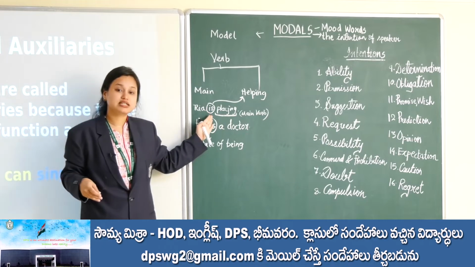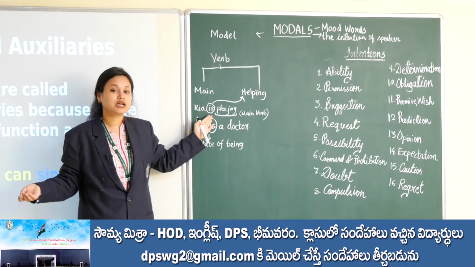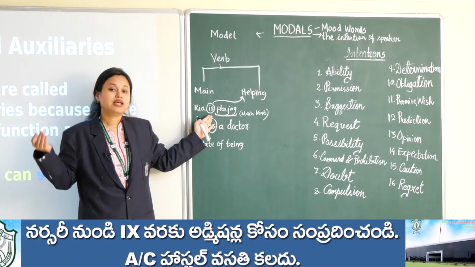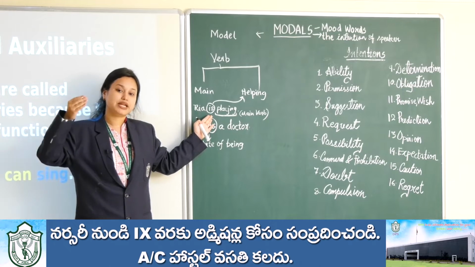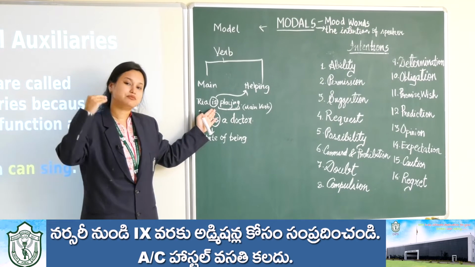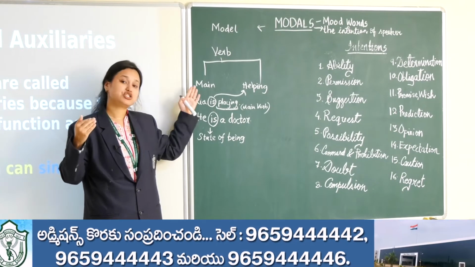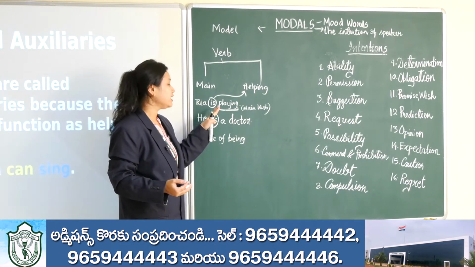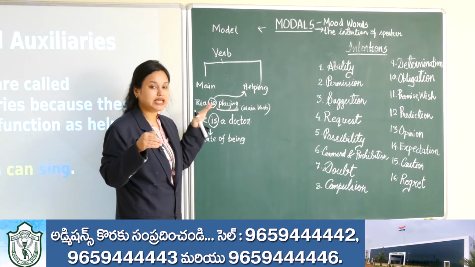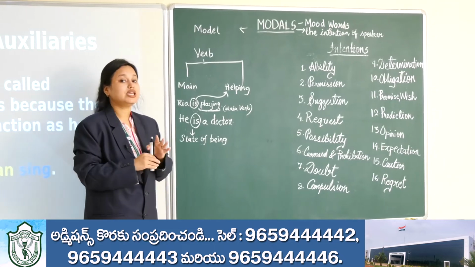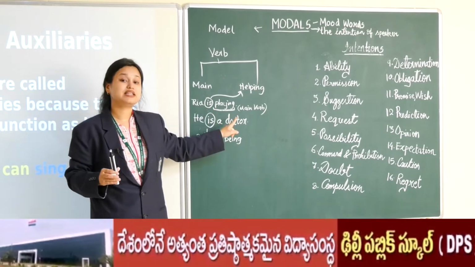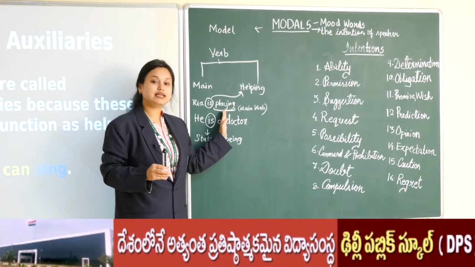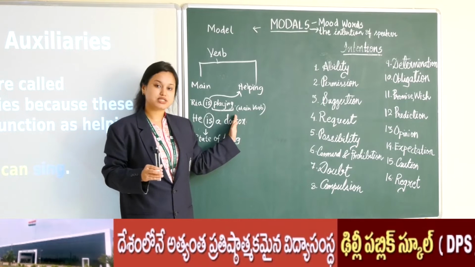If I change this to Riya was playing, what will you get to know? That the action was happening a long time back or some time back. So the action was happening in the past, but what is this trying to convey? The action is happening right now. Okay, so in that way it is helping the main verb. Playing is the action, so it becomes the main verb.